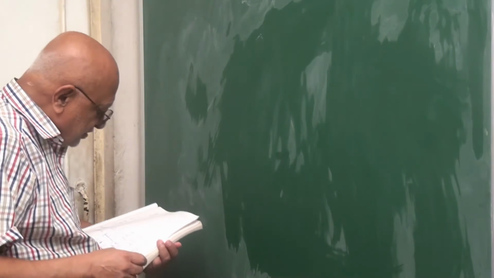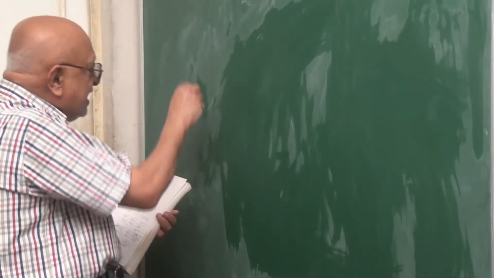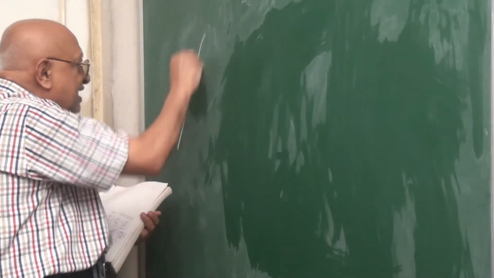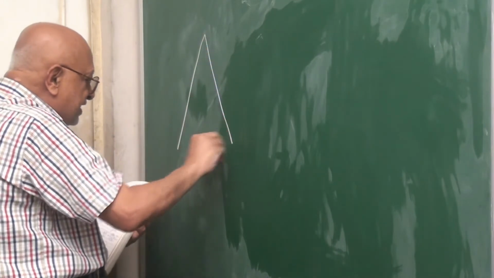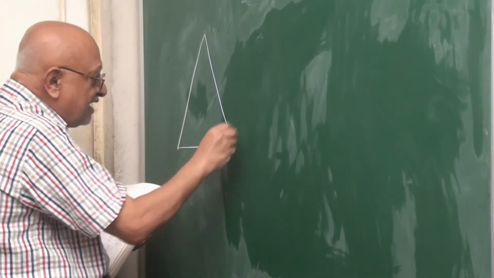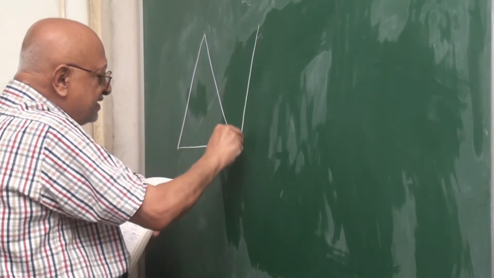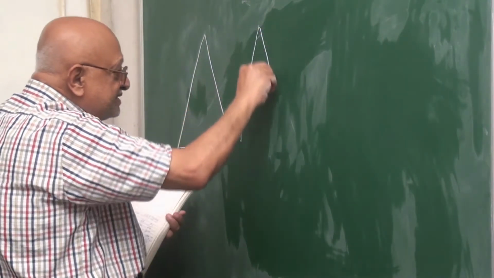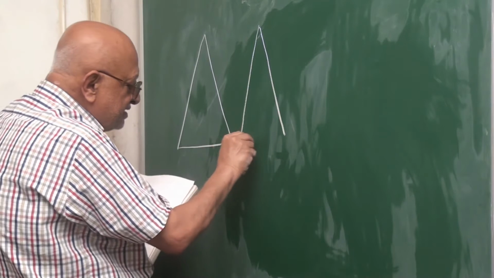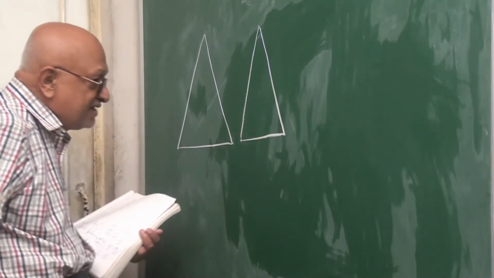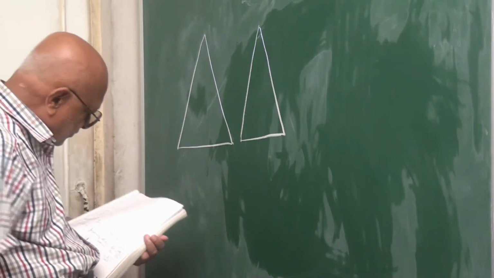What we are now going to do is, again we have to take two triangles here side by side, so that I can save on the board space and I can write more. I don't have to go down.